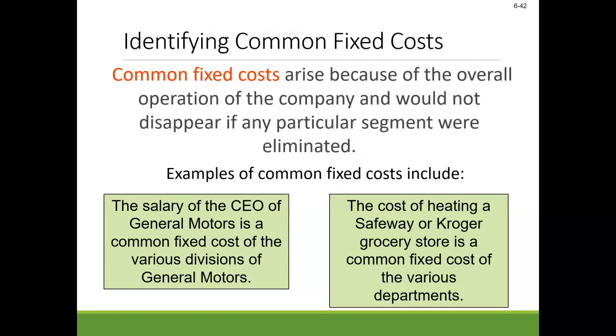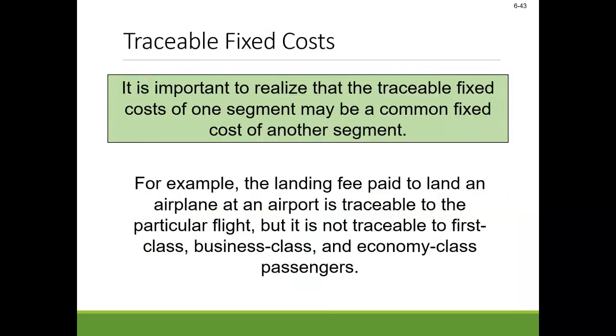It's not going away just because we close off a certain division of General Motors. As you see here, the cost of heating a grocery store is a common cost. And if we eliminate a various department, that common cost is still going to be there. So it's not really applicable to the big picture here.